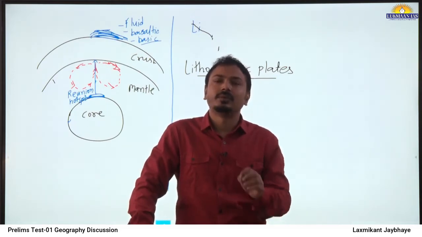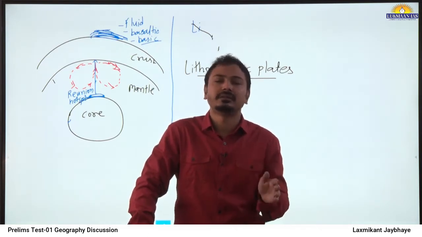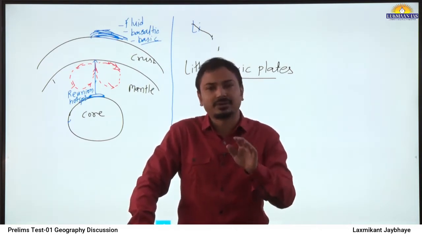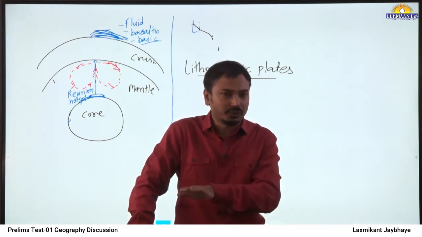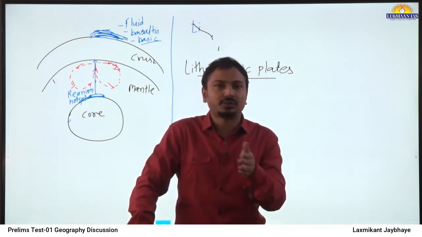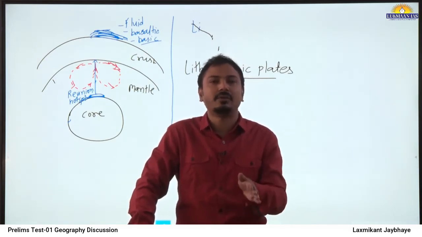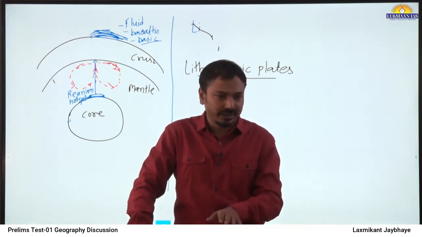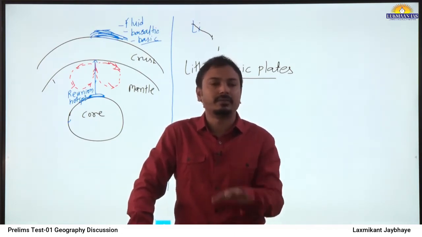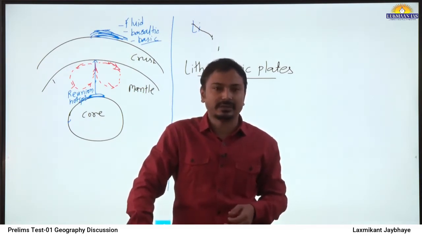See, the western part of the South American plate is continental, and the eastern is rather oceanic. That's why the formation of the Andes happened, no? The Andes mountain ranges are formed because of convergence between the Pacific plate, that is the oceanic plate, and the continental part of this South American plate. Try to understand this.